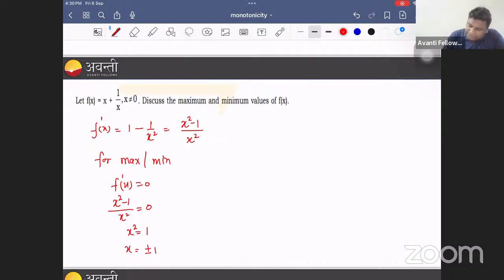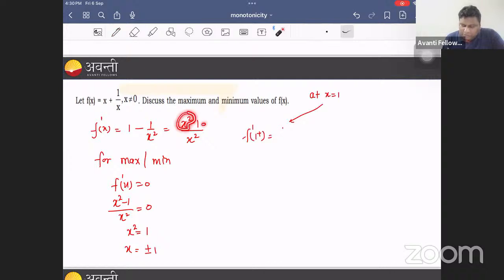Now, first of all, let's go with x equals 1. f'(1 plus): x square is going to be more than 1, so x square minus 1 is going to be positive, and the denominator is also positive. So f'(1 plus) is greater than 0. And f'(1 minus): if we are at a little less than 1, then the value of x square will be less than 1.